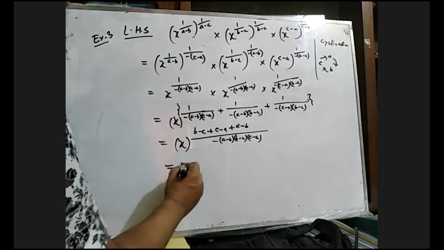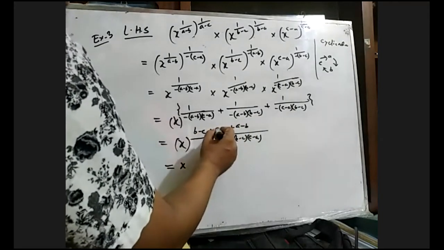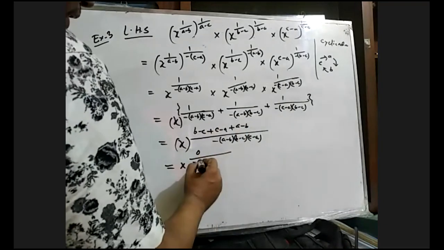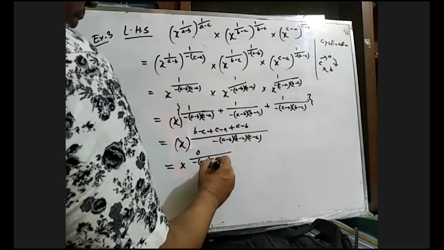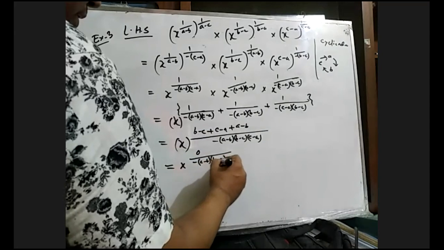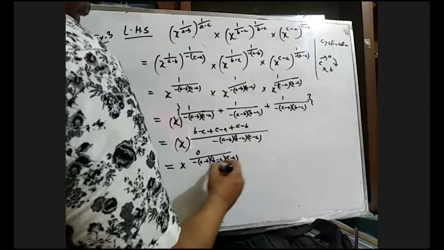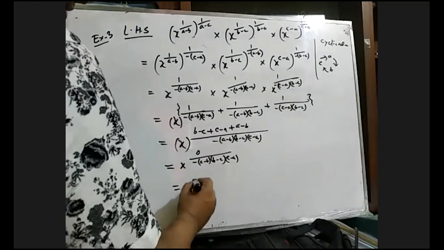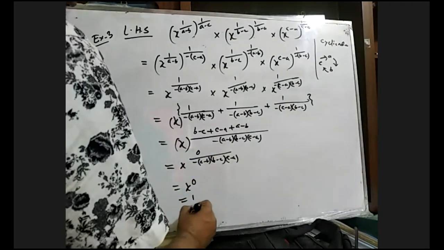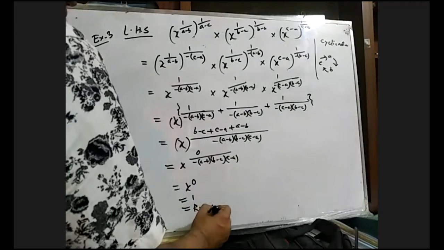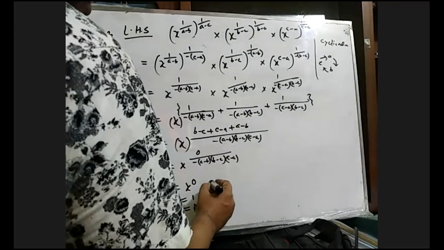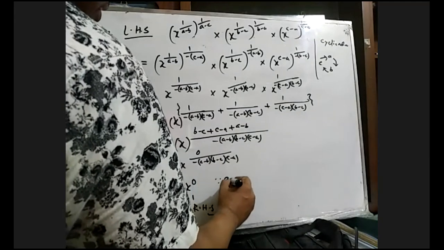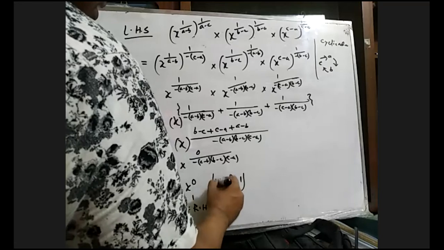So x to the power: b cancels, c cancels, a cancels, so 0 divided by what? Minus (a minus b)(b minus c)(c minus a). So 0 by something, what? 0. This equals 1, and this is the right hand side of that question, since a to the power 0 equals 1.